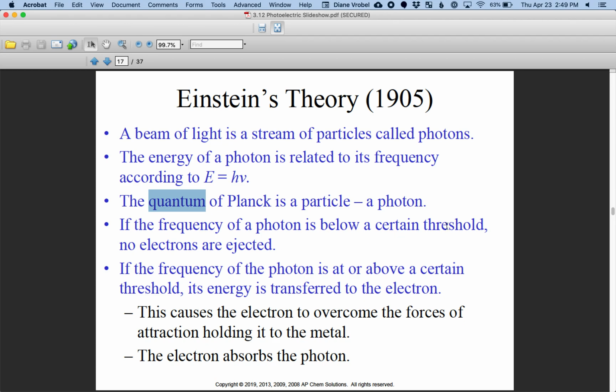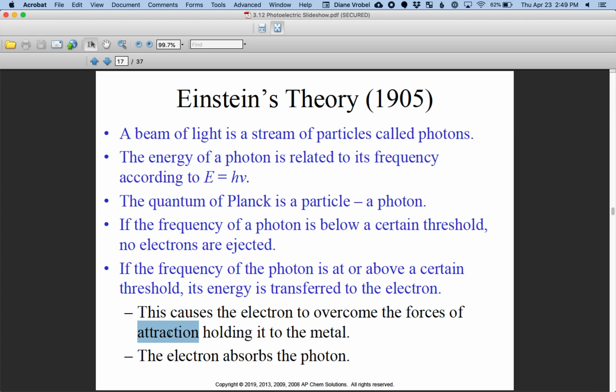So this was kind of a way to allude to Planck's idea of a constant. And he said that if it was below a certain threshold, the light would not help to conduct electrons, which would complete the circuit. So there had to be a certain amount of energy in order to have these electrons released. The interesting thing is, it's essentially causing the electrons to be released from the metal.